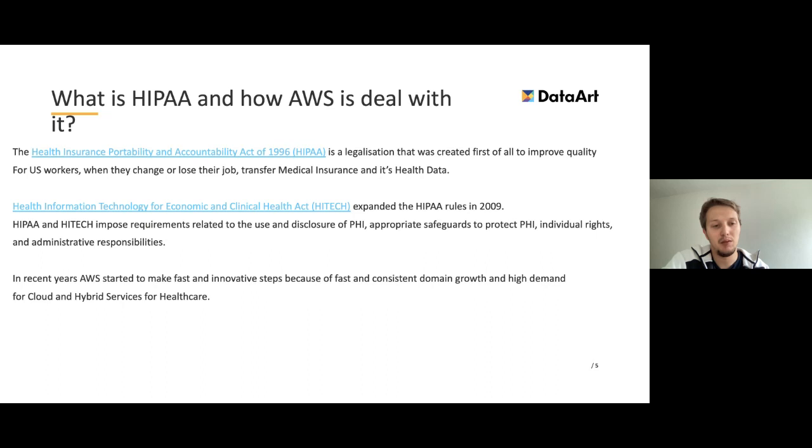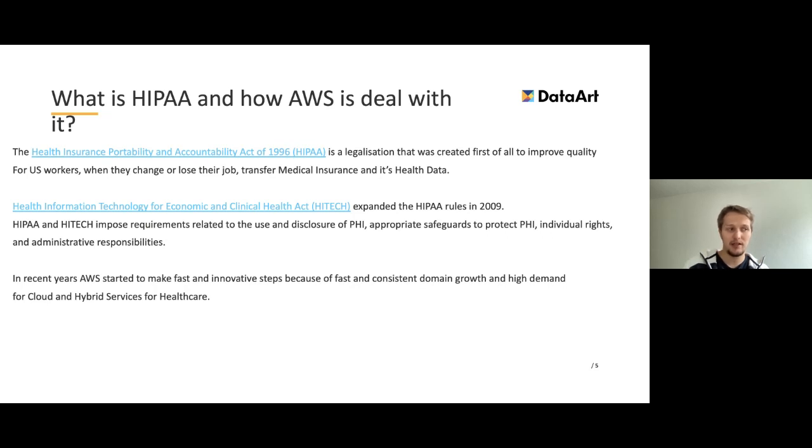In recent years, AWS started to make fast and innovative steps because of fast and consistent domain growth. It's an interesting fact that the compound index of information scale in the healthcare domain will reach 36% in 2025, so in the next 2 years, which is 6% more than manufacturing, which is 30%, and 10% more than finance.